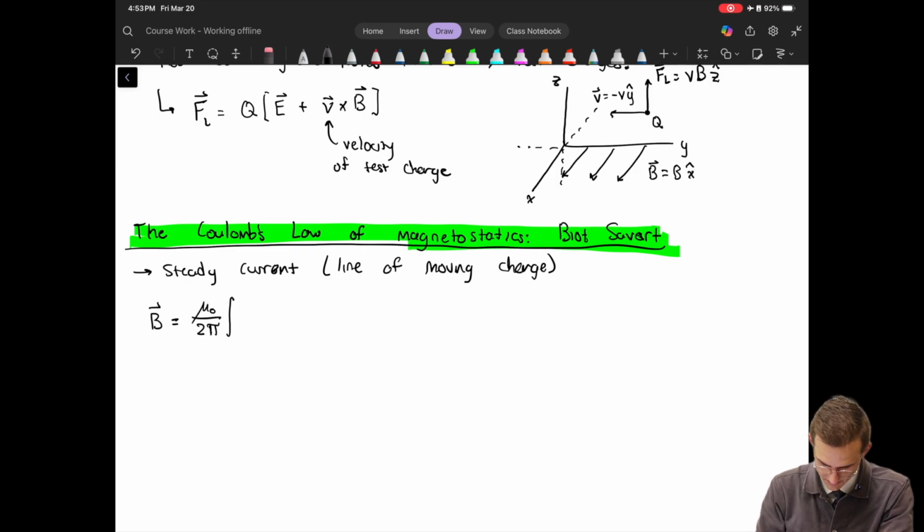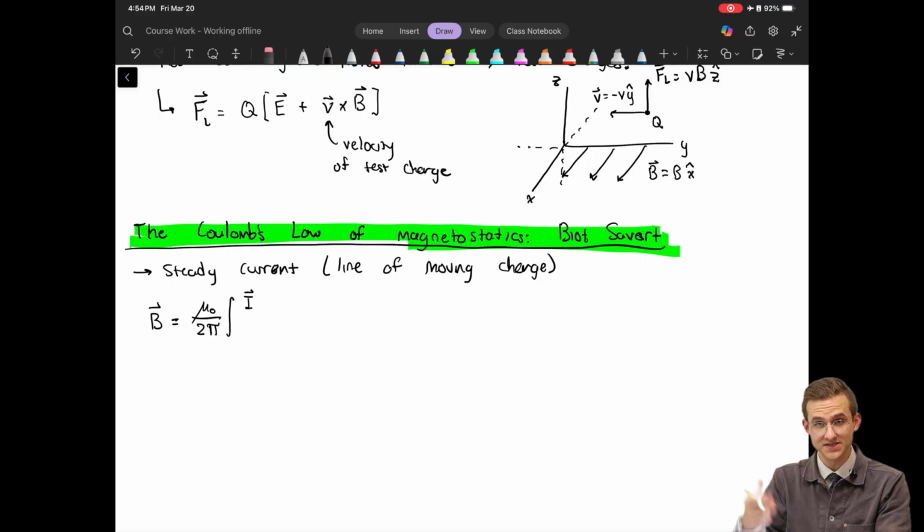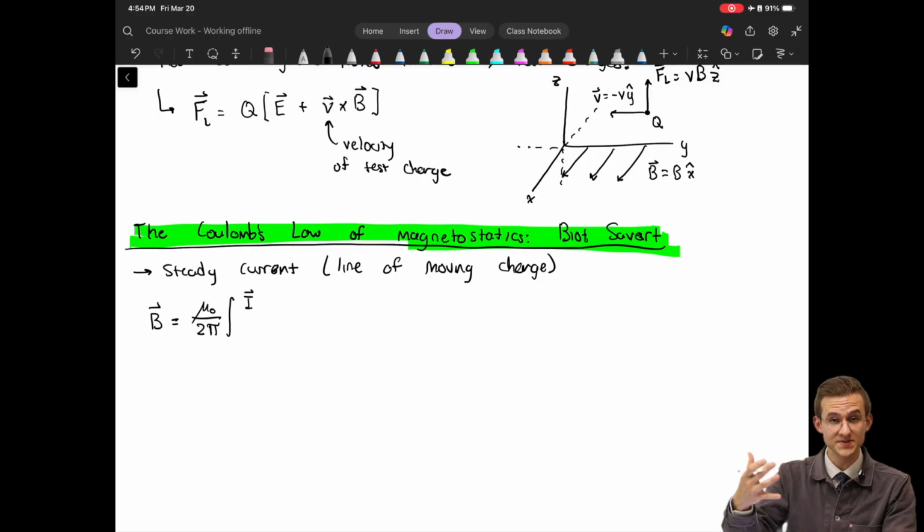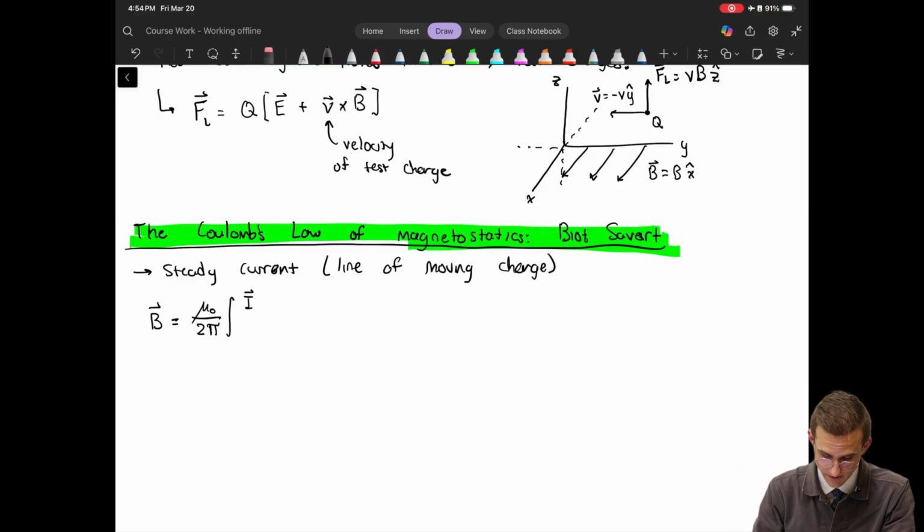And so mu naught over 2 pi times the current vector, because current, since it's moving in a certain direction, is a vector. It has a magnitude in amps, the amount of charge per second passing through, and it goes in a certain direction. You take the cross product of that with r hat, and you divide that by r squared times dl. Okay?